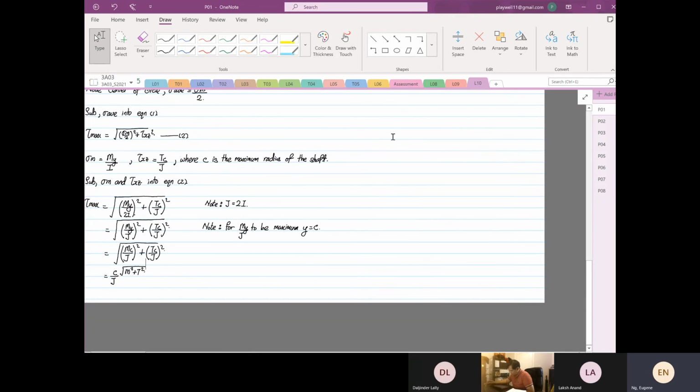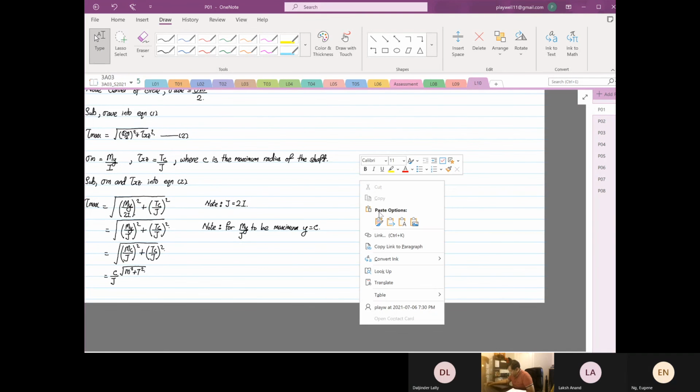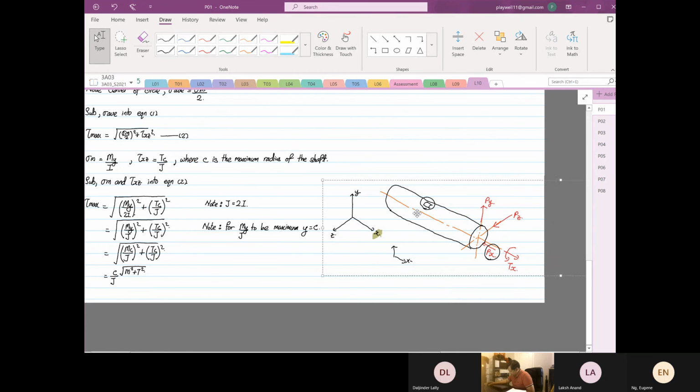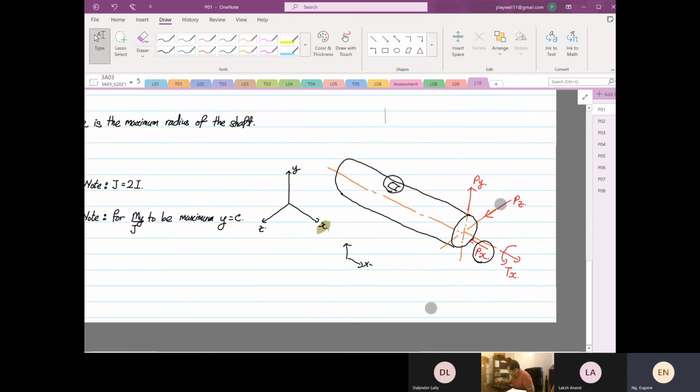For our case, we do not have axial load, because this equation we are proving will not allow axial loading.